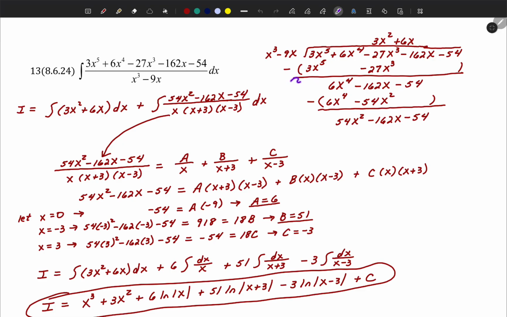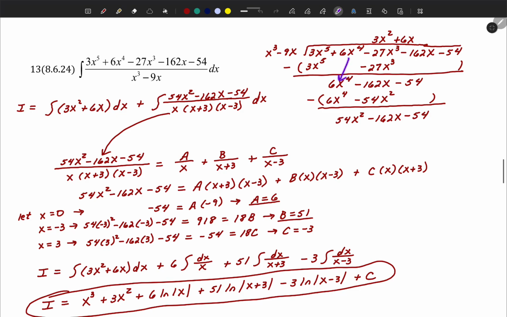Please remember, whenever you use long division, you're going to subtract these out. That's why the 3x to the fifths cancel. But also here, the 27x cubes are going to cancel, because negative 27x cubed minus a negative 27x cubed cancels out. So then I just have the 6x to the fourth minus 162x minus 54 brought down.